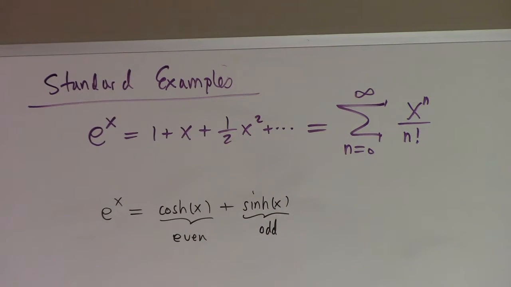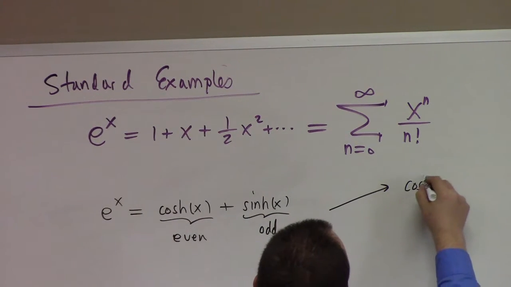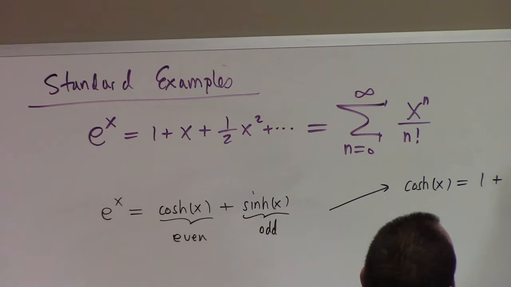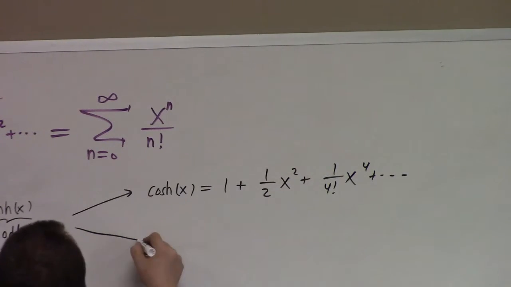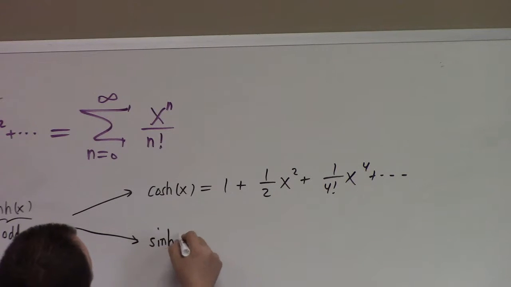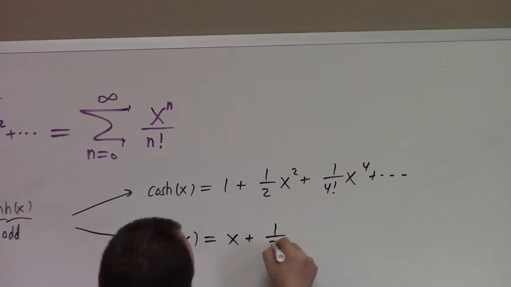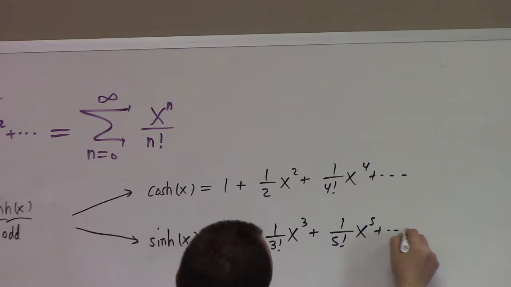So to get the power series for cosh and sinh here, all you have to do is take the exponential series and split the even terms and odd terms apart. It's literally just that. So we have cosh of x is equal to 1 plus 1/2 x squared plus 1 over 4 factorial x to the 4th plus dot dot dot, whereas sinh x is equal to x plus 1 over 3 factorial x cubed plus 1 over 5 factorial x to the 5th and so forth.